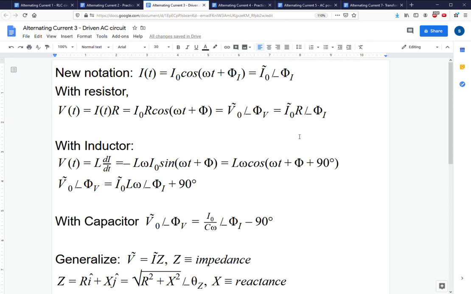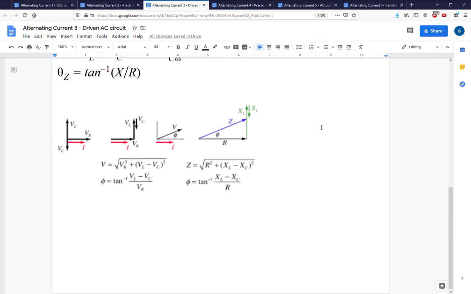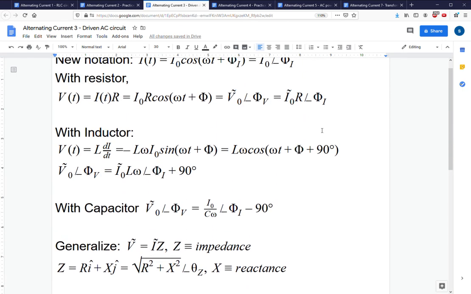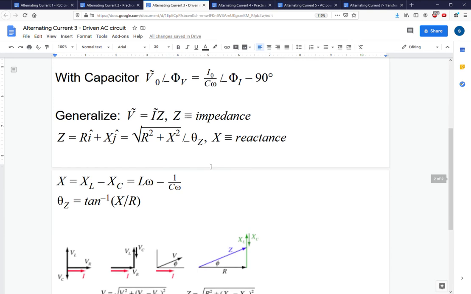But for phasors, if we want to multiply two phasors together, we multiply their magnitudes and then add their phase angle. So we could say that the phase angle of voltage is equal to the phase angle of current plus the phase angle of the impedance.